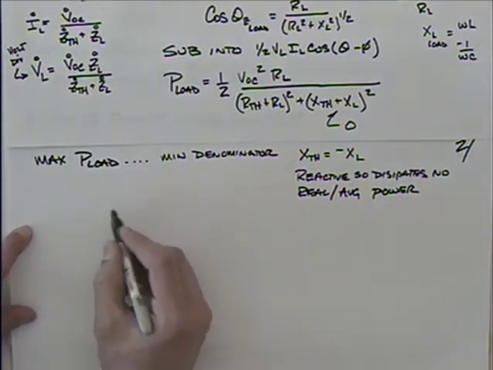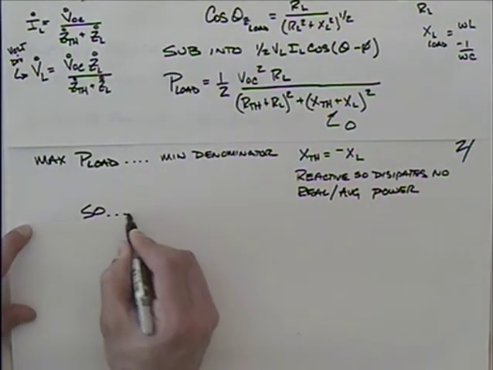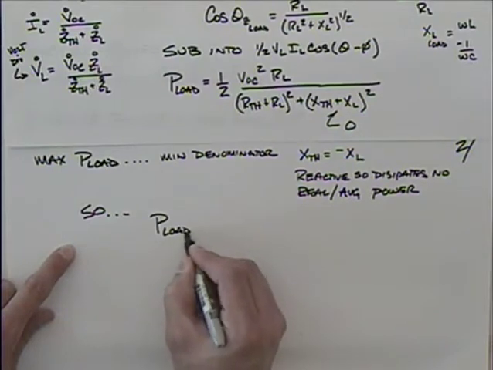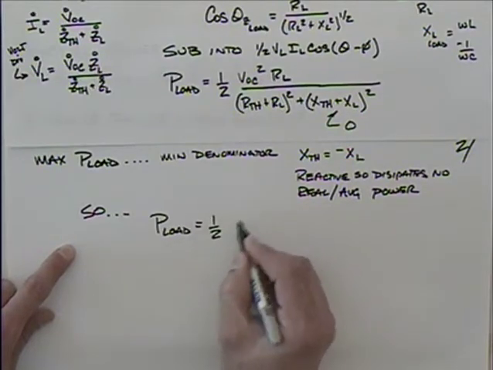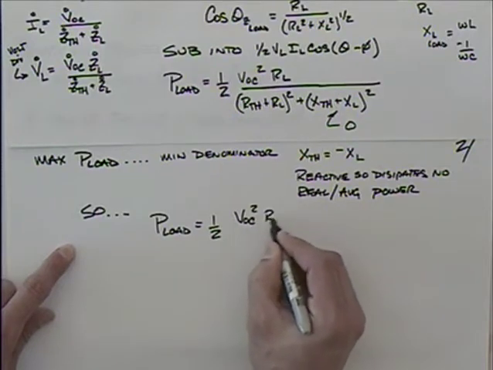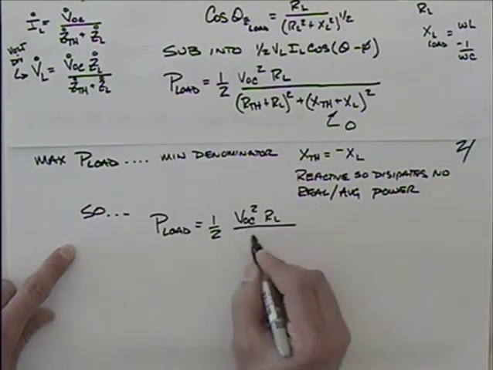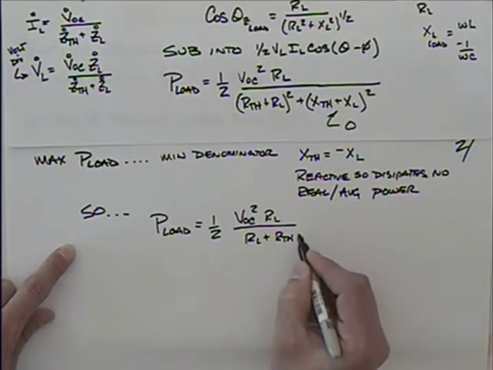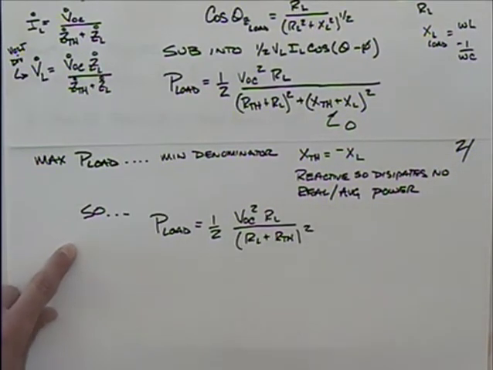So I get to rewrite this, that power for the load is equal to 1/2 times V open circuit squared times RL divided by RL plus R Thevenin squared.